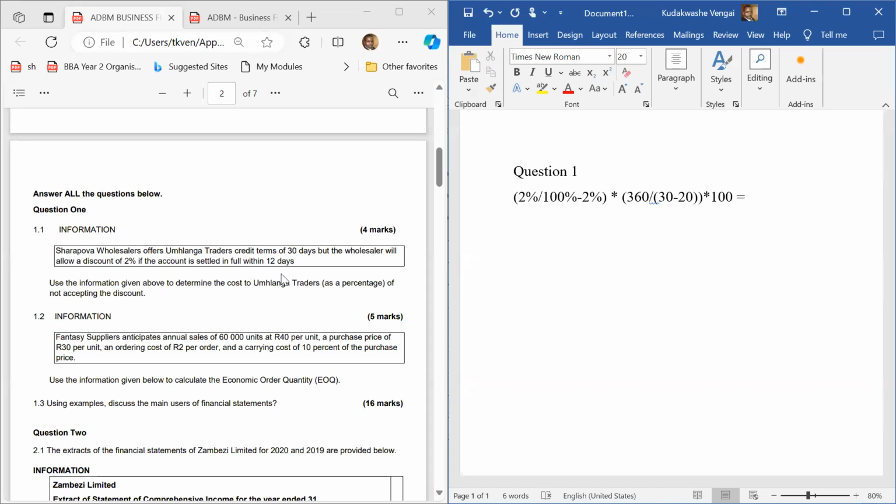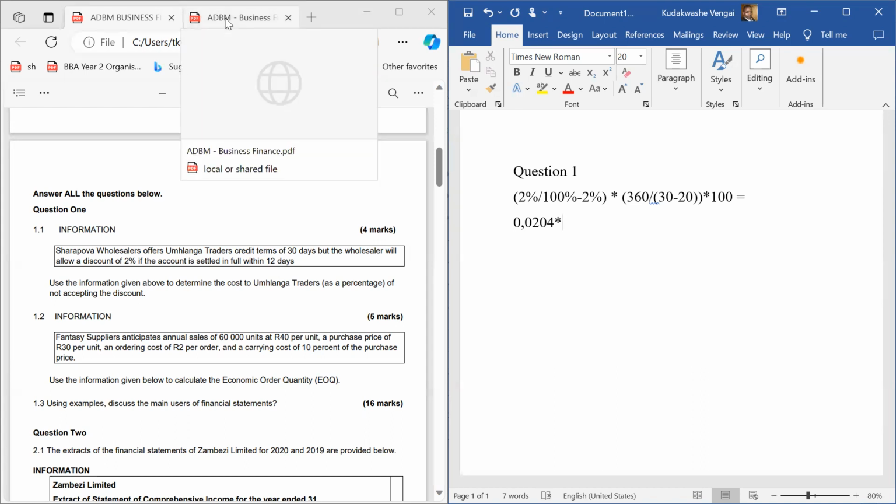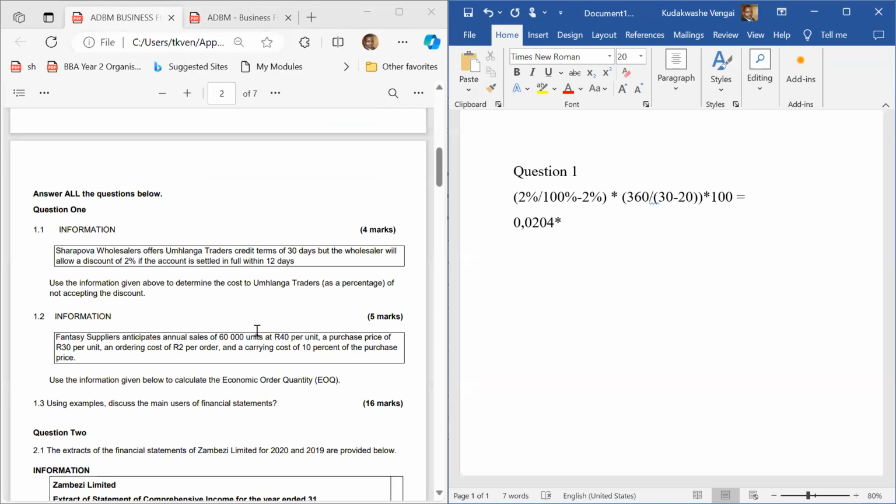Put all of that in a calculator. That's 2 divided by 100 minus 2. That gives you 0.0204 multiplied by. Sorry, James. Yes. Is it not 30 days minus 12 days? Oh, sorry. I don't know why I wrote 20. Probably another question that I was doing, 12. Thank you for that.